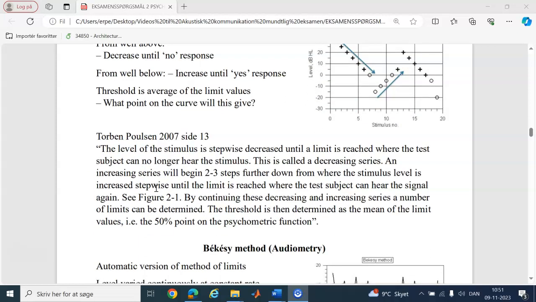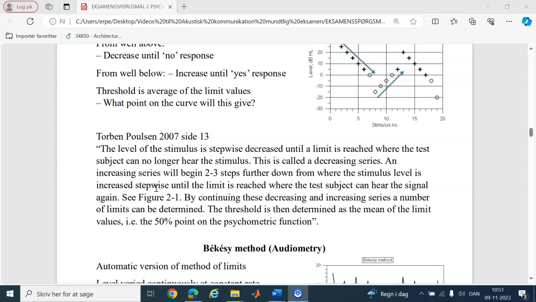Thorsten Paulsen, 2007, page 13: the level of the stimulus is stepwise decreased until a limit is reached where the test subject can no longer hear the stimulus. A yes is going to be a no. This is called a decreasing series.